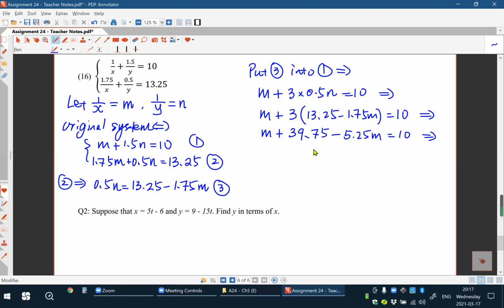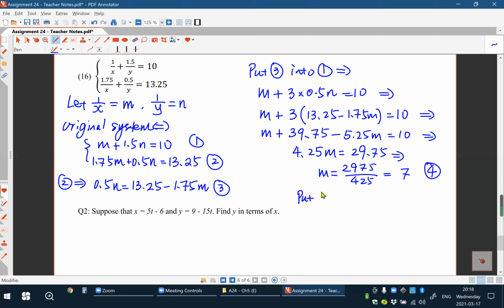Okay, then you will get minus 4.25m equals minus 29.75. Okay, so this means m equals 2975 over 425, which is 7, right? Okay, so let's call this number 4.